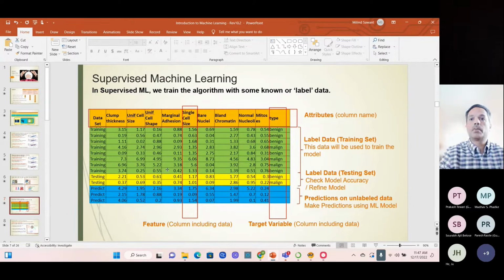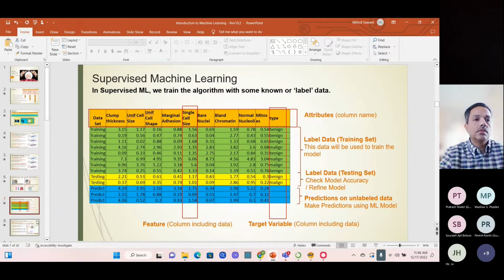But they were randomly picked: 80% random data into the training set, 20% random data into the testing set, right? And then, of course, we're going to train the model. Remember these 4 steps that I talked about: split the data, train the model, improve accuracy using your testing set, and then make predictions. So then we will make predictions on unknown patients. That's our objective.